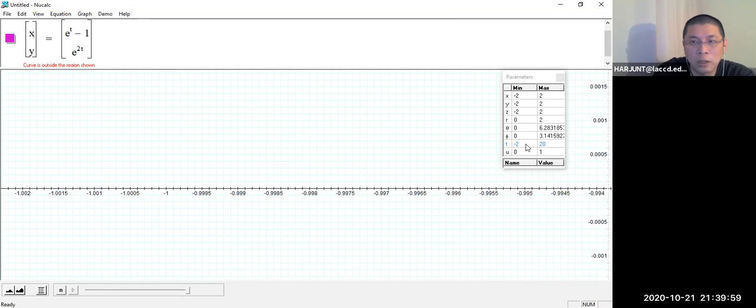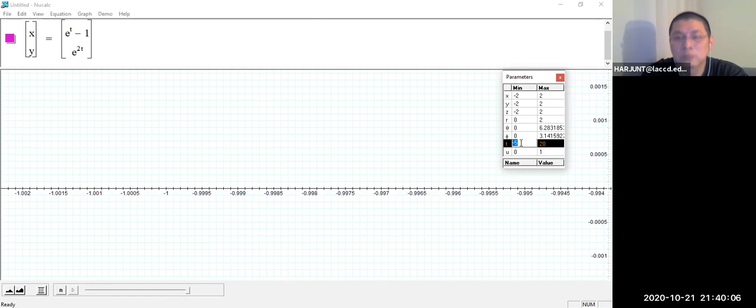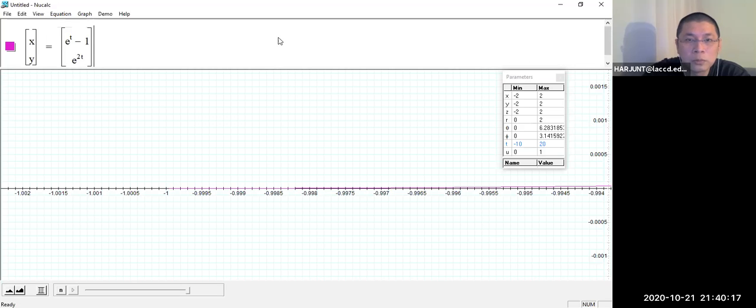Make it negative 5. Still not visible. Negative 10 maybe. Still not visible. Now it's visible. Negative 5.